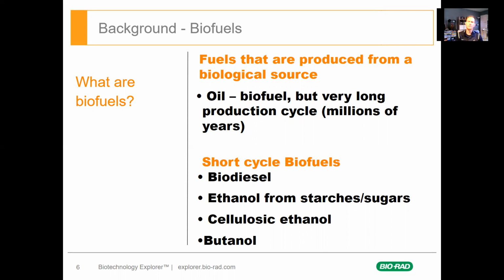It has a very long production cycle. Millions of years is what they say. Now, again, that conflicts with our biblical worldview of the earth. And again, if you put energy into a system, it changes the rates of chemical reactions. But that millions of years time length is based on geological assumptions.